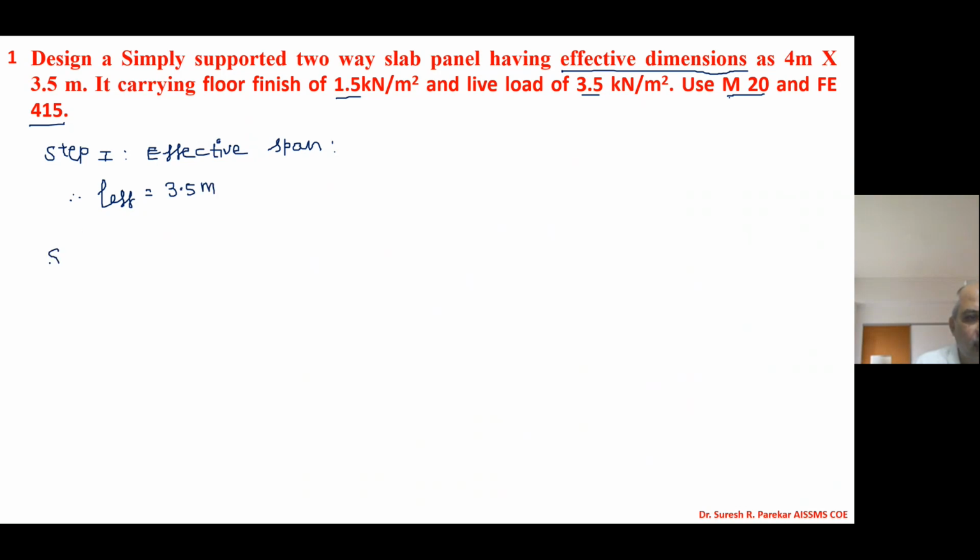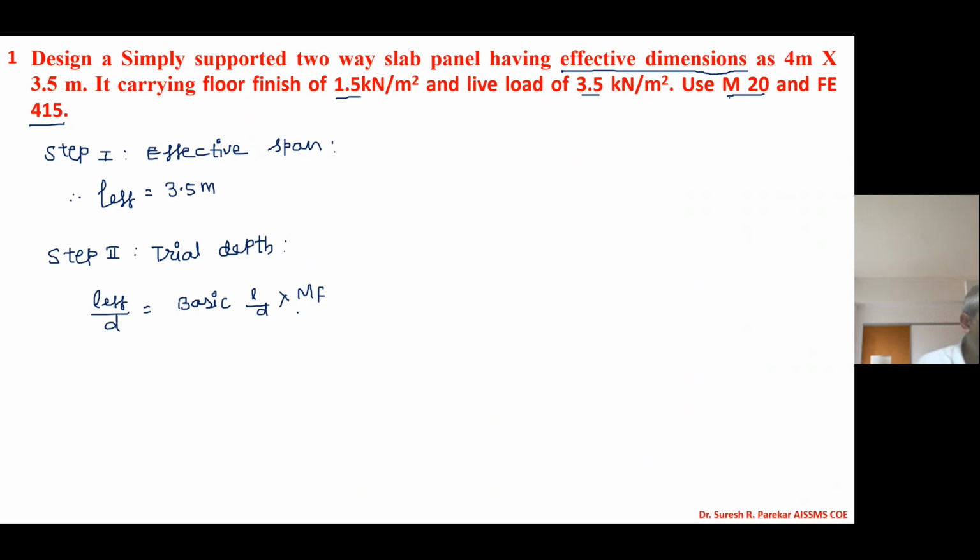Then step 2, we have trial depth. Here L effective upon d is equal to basic L by d into modification factor. As it is simply supported, the basic L by d ratio is 20.